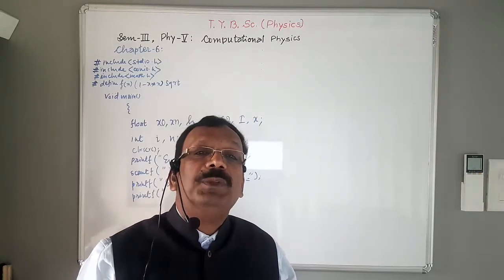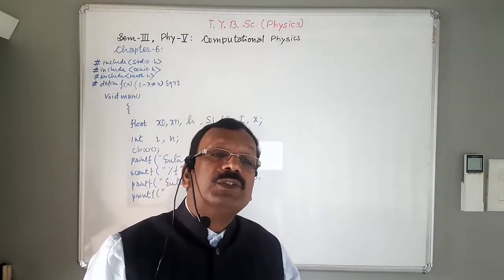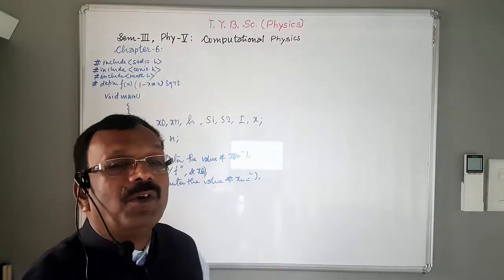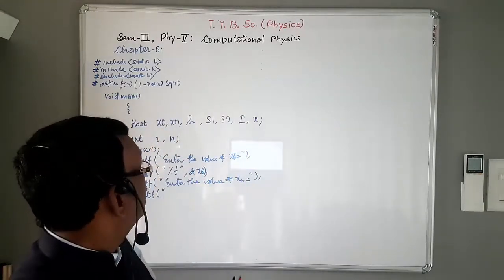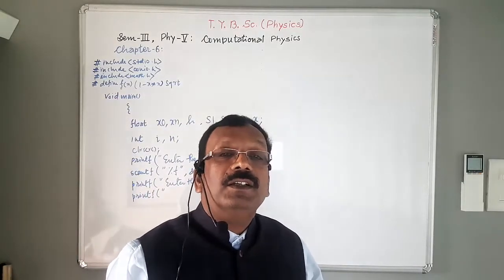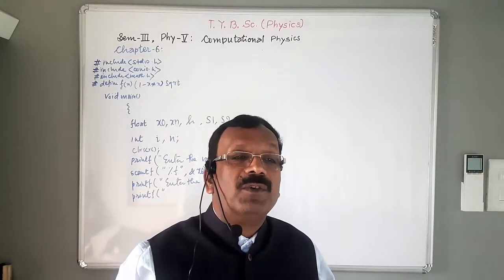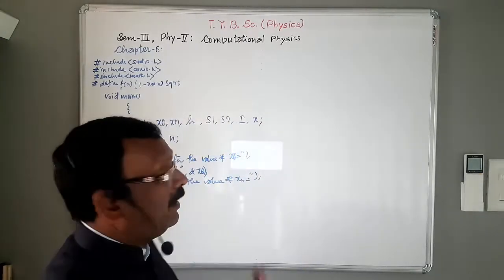All these files should be included. Then we also define the function f of x as (1 minus x) into the square root of x. Then we write the main program, and it begins from void main.